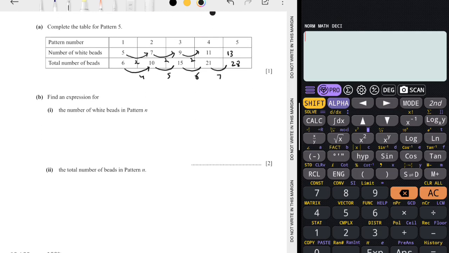Now moving towards next part, find an expression for the number of white beads in pattern n. So let me write pattern here, that is 5, 7, 9, 11 and 13.